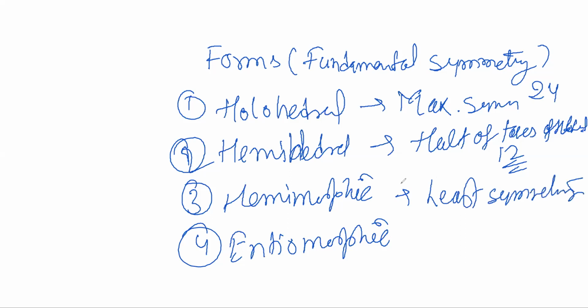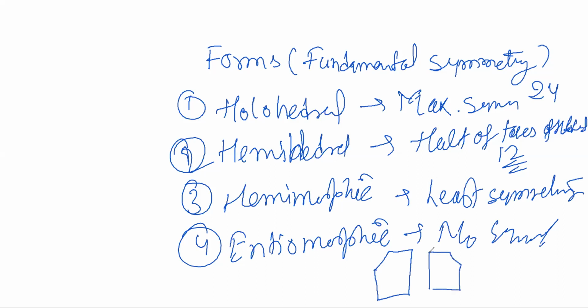In the whole hemimorphic forms, we get the least symmetry elements. In the enantiomorphic, no symmetry. Only left-handed and right-handed crystals will be there. Like if we see this as a face, then the opposite face will be something like this. Or, if I draw a complete diagram, it would be like this.